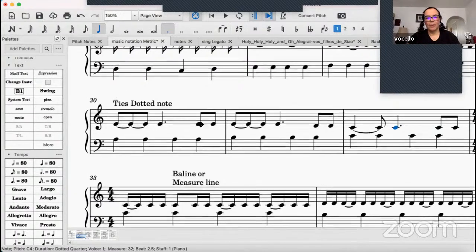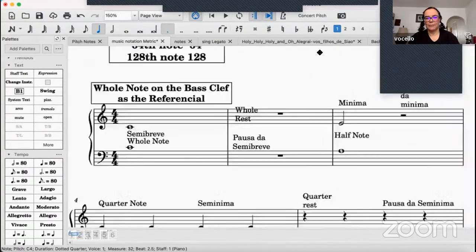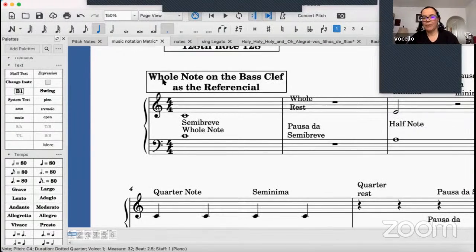So first let's talk about the beginning. The music staff is a group of 5 lines, parallel, 1, 2, 3, 4, 5, and 4 spaces.